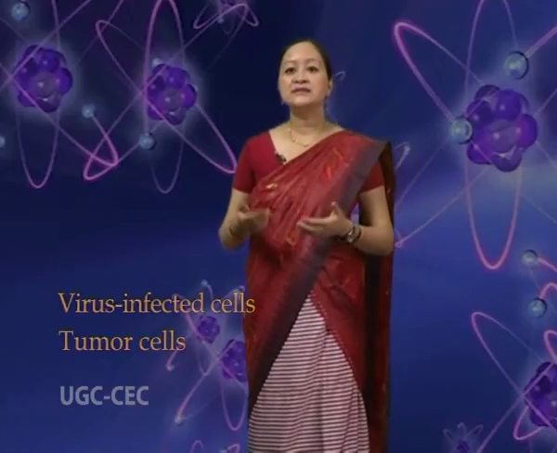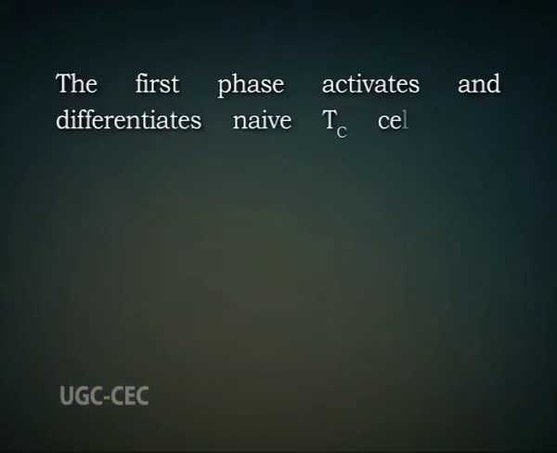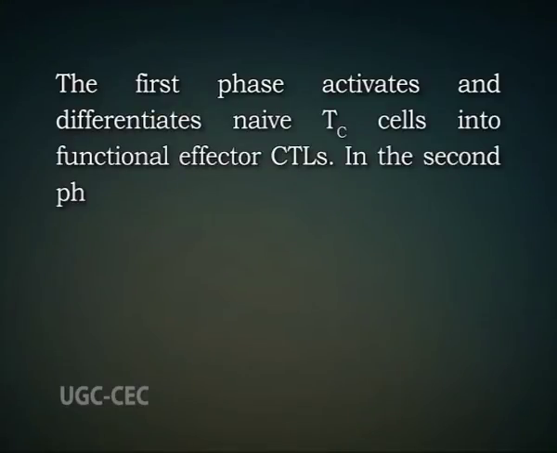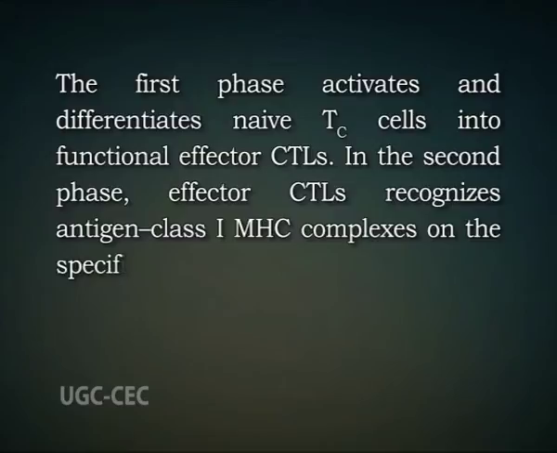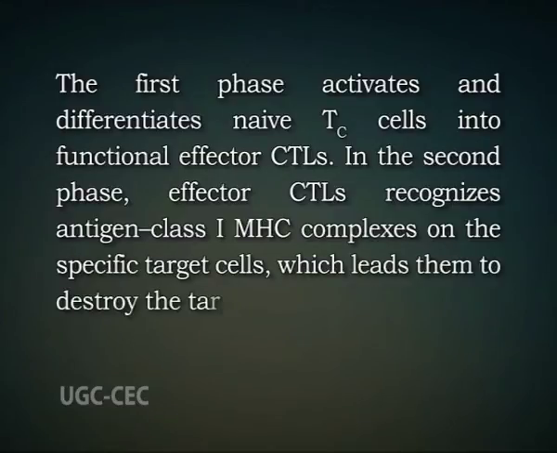The CTL-mediated immune response can be divided into two phases. The first phase activates and differentiates naive TC cells into functional effector CTLs. In the second phase, effector CTLs recognize antigen-class 1 MHC complexes on the specific target cells, which leads them to destroy the target cells.